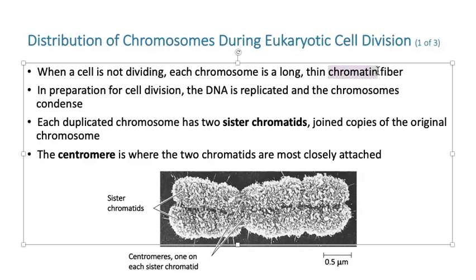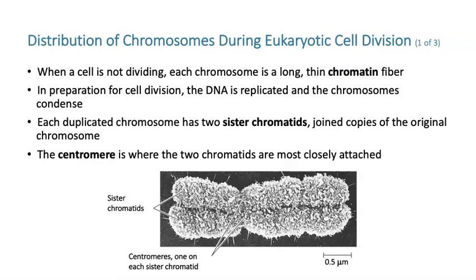So chromatin is long and thin, and we can say not condensed. The picture at the bottom of the screen is not the chromatin form. You can think of chromatin as spaghetti, all the spaghetti throughout your nucleus.